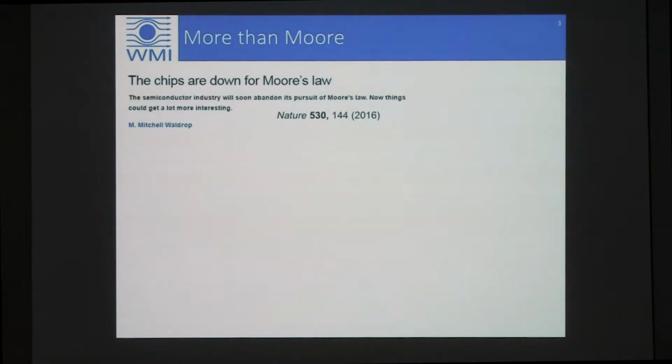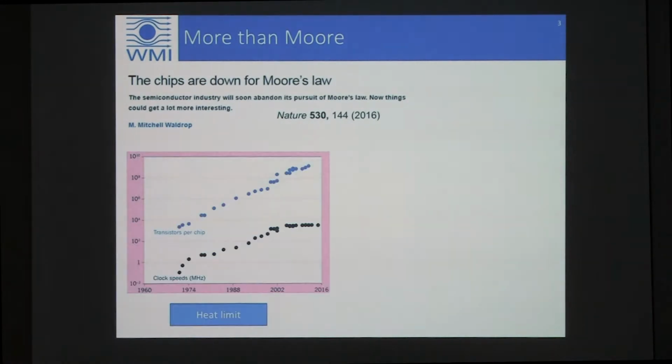So let me begin with a short motivation of why we're actually interested in insulating spintronics. I guess you all know that, right? Moore's law has been ruling the semiconductor industry for quite some time now. But already for the past more than 10 years, our clock speeds have flattened out. We had approximately 3 gigahertz, and it's just not moving upwards anymore.